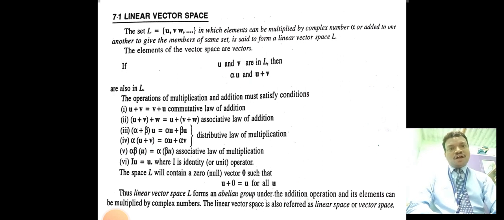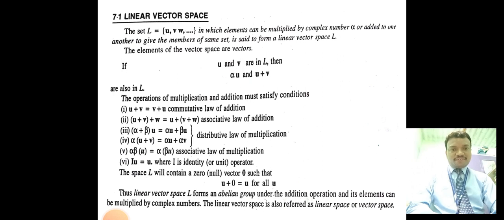The operations of multiplication and addition must satisfy certain conditions. First, they obey the commutative law of addition, that is u plus v is equal to v plus u.